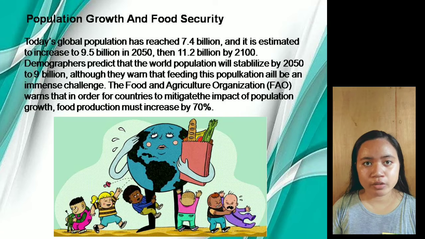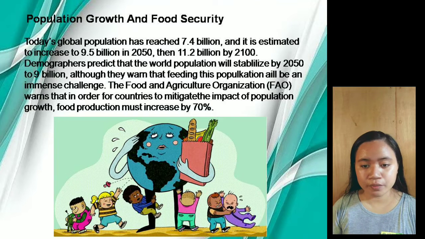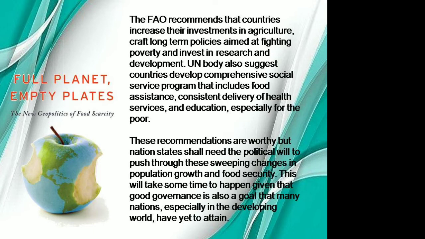So the Food and Agriculture Organization, or FAO, warns that in order for countries to mitigate the impact of population growth, food production must increase by 70%.